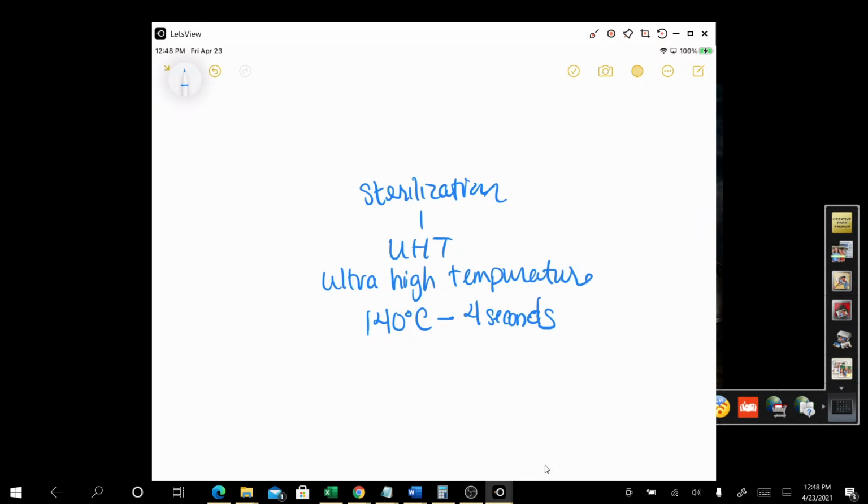See? Pretty quick. This is also used in, if you ever go to the restaurants that serve coffee and they have those little creamer cups. Sterilization using the ultra high temperature is used on those particular creamers.